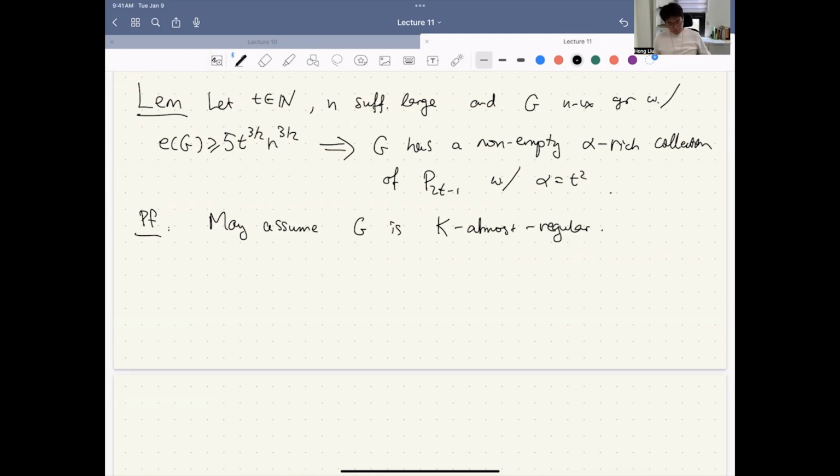So let D be the average degree of G, which is at least 10 t^(3/2) square root of n. This is the average degree. All right. Now, let P0 be the initial collection of all (2t-1)-paths.